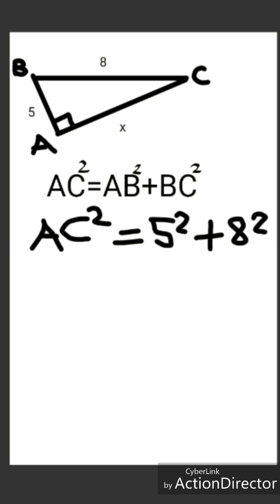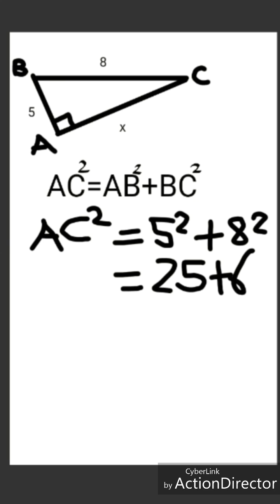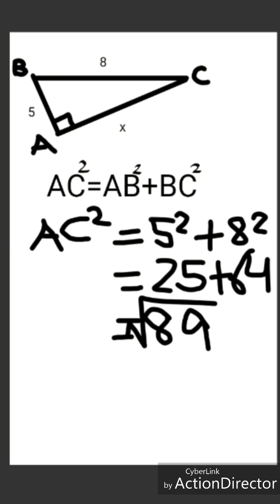So like the last question, we solve it. So 5 squared is 25 and then 8 squared is 64. 25 add 64 is 89. Now we need to find AC, not AC squared, so we do the square root of 89.